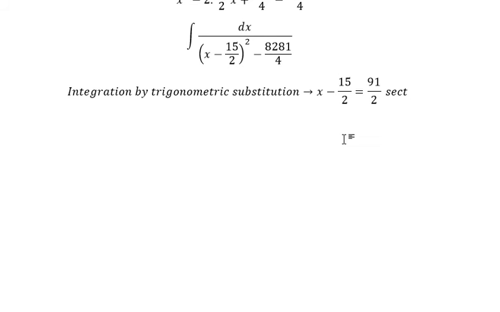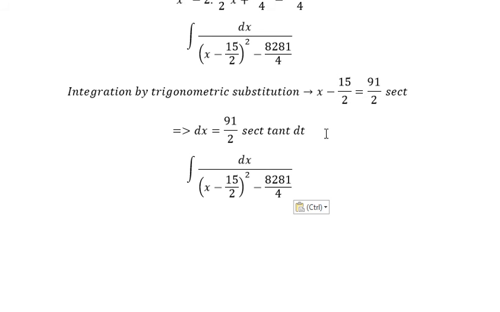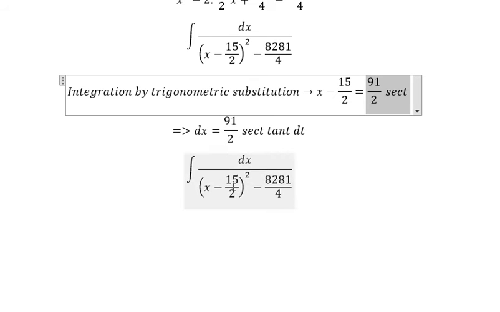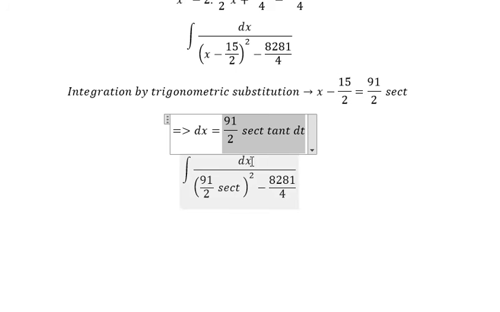And now we first take the derivative on both sides. And you will get dx equal to 91 over 2 sec t tan t dt. This one, we change for this one. The x, we change for this one.